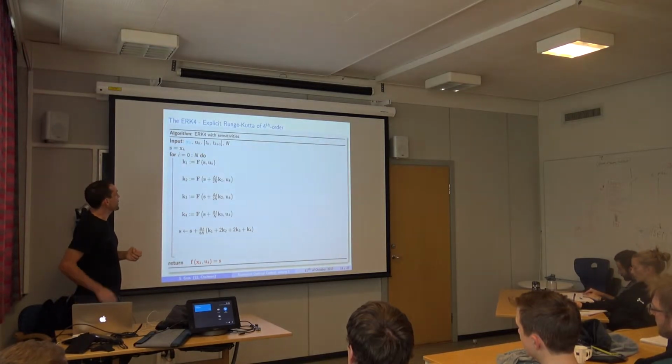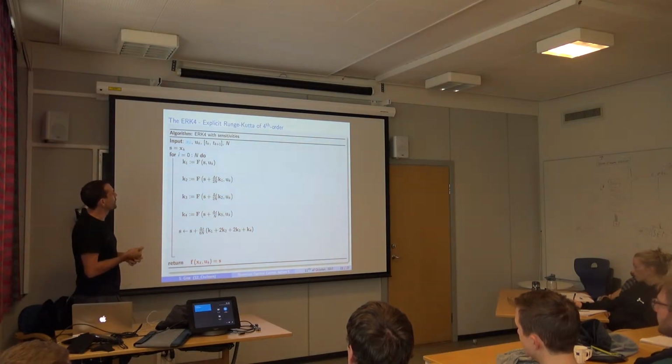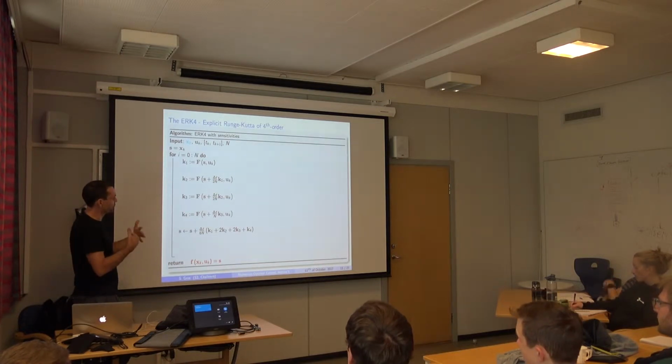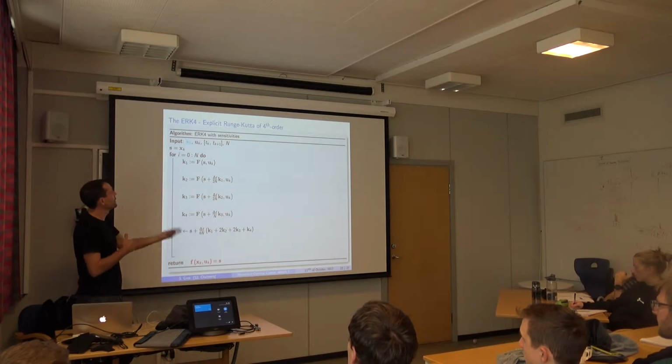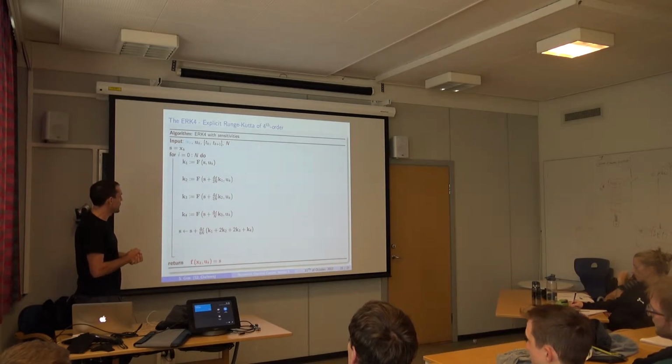You could do the same exercise, for example, on an explicit Runge-Kutta 4 scheme. The RK4 is much more efficient than an Euler scheme. So for a given accuracy you want on your simulations, you would need fewer flops using an RK4 than using an Euler scheme. So in practice you would probably want to use these kinds of things instead.